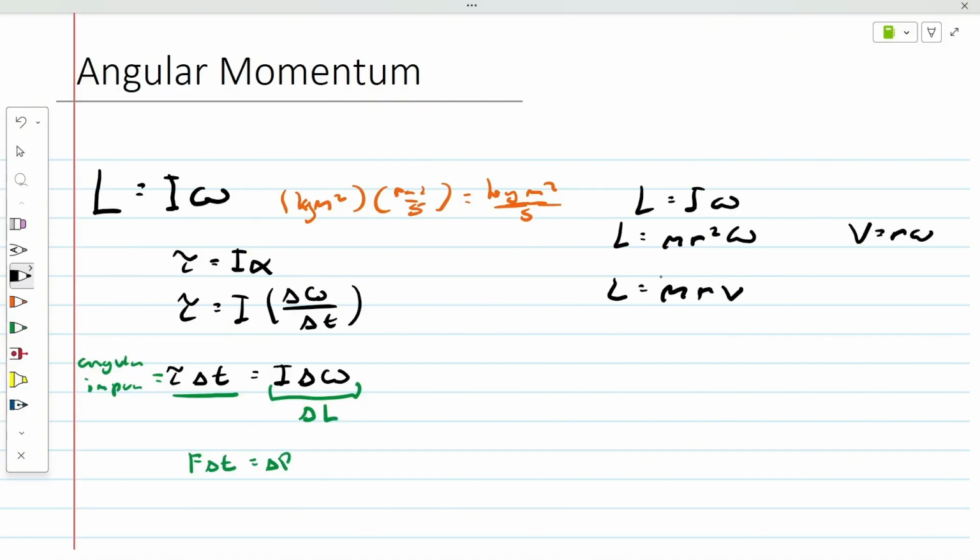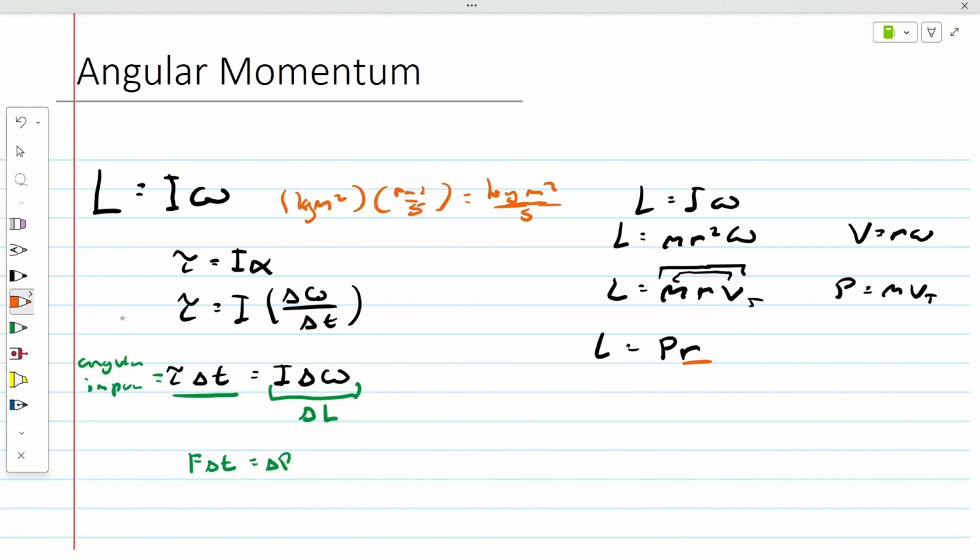But then we also know that this m times v is just linear momentum, mass times velocity, and these are tangential velocities. And so we can pull the linear momentum out and get that the angular momentum is the linear momentum times r. Just like pretty much everything in rotation, the rotational version just equals the linear version times the radius. That's pretty much always what happens.